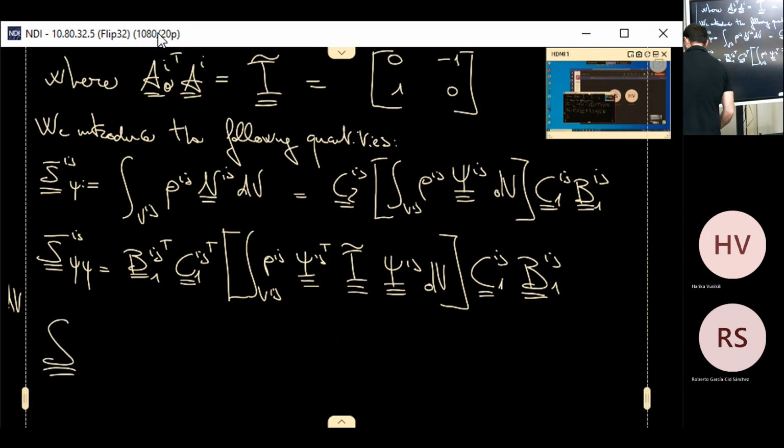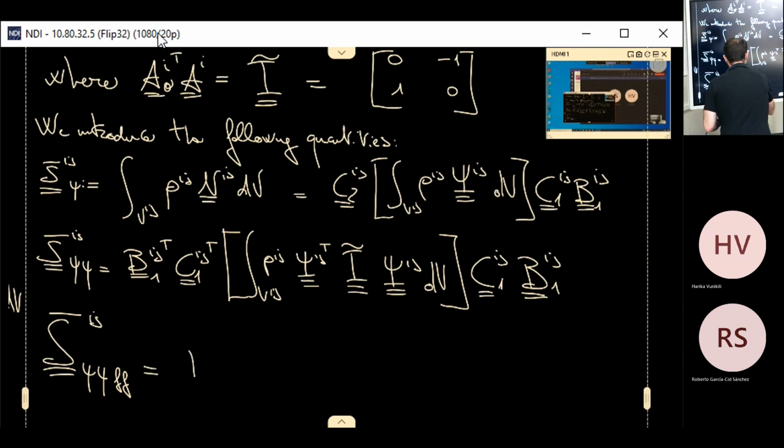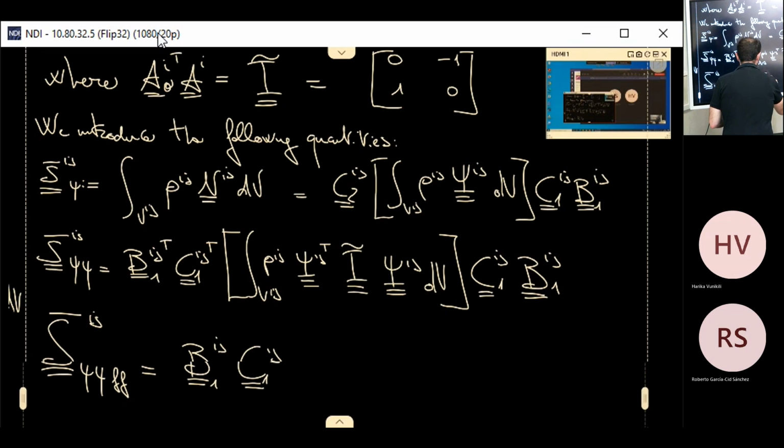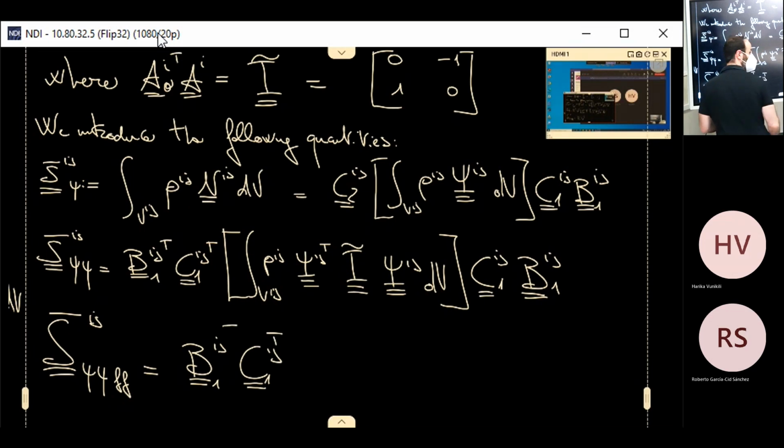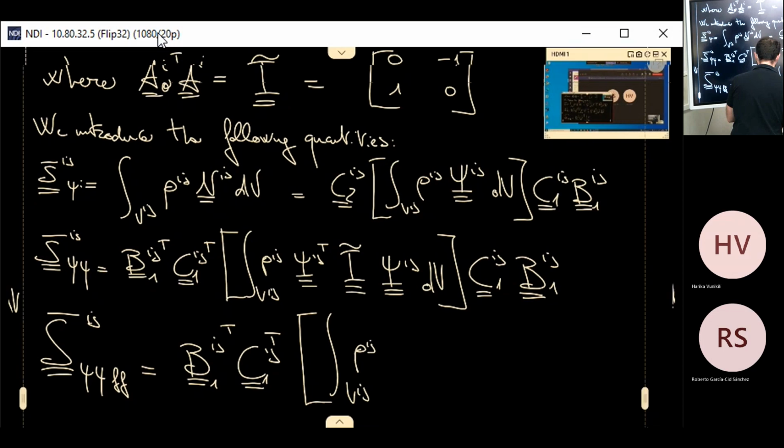And then we have S^CF, which is C1_ij, C1_ij transposed, both. And then we have again the integral over the volume of the density.